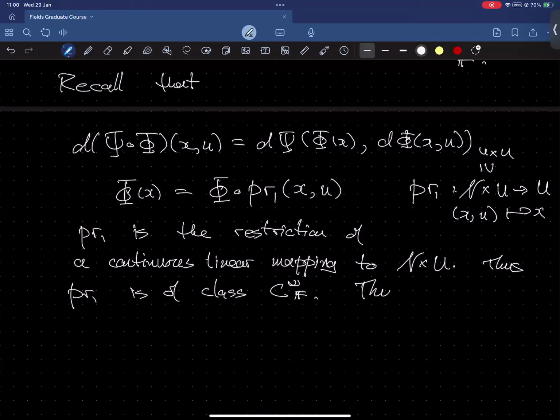Thus, phi composed with PR1 is of class CM by the induction hypothesis.